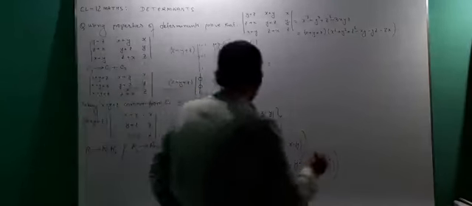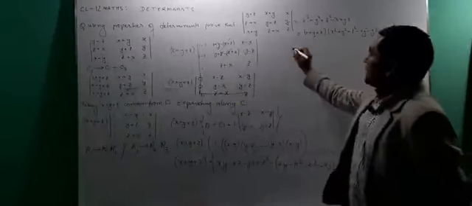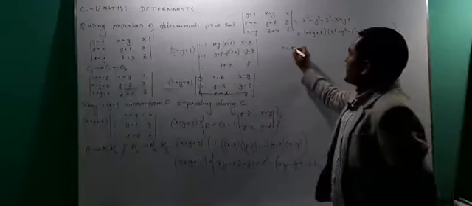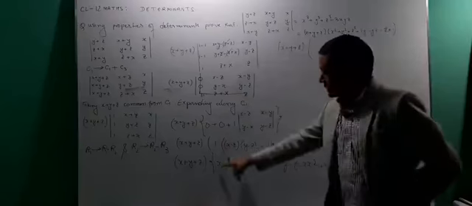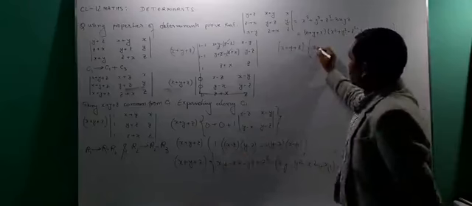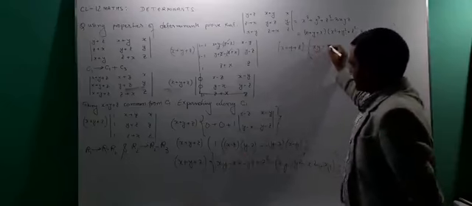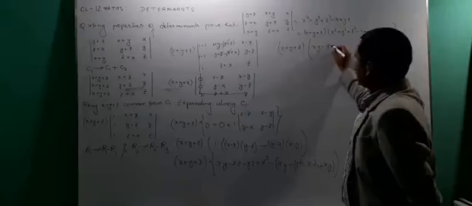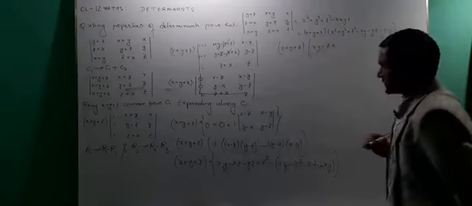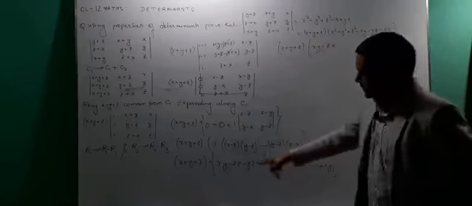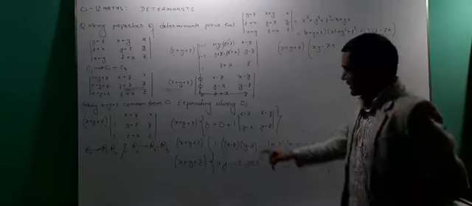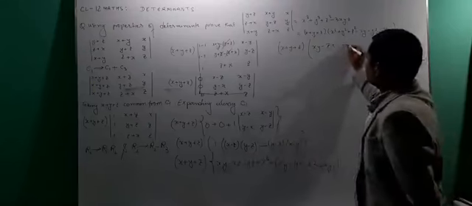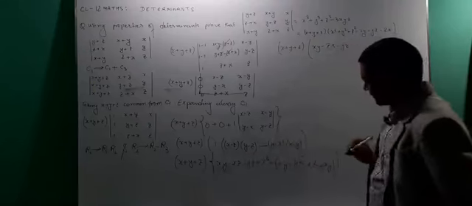Now, I'll do it here. x plus y plus z, then xy minus zx minus yz plus z square.